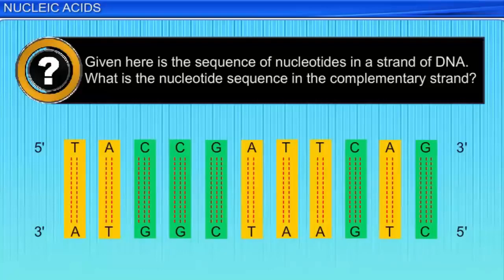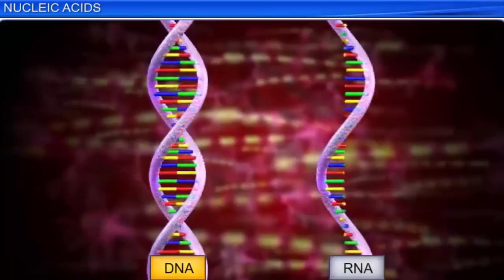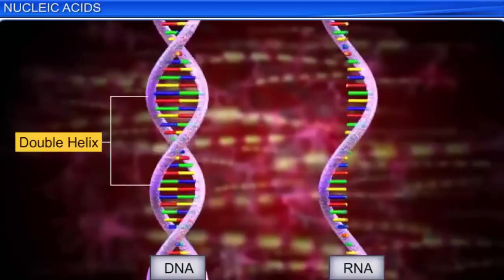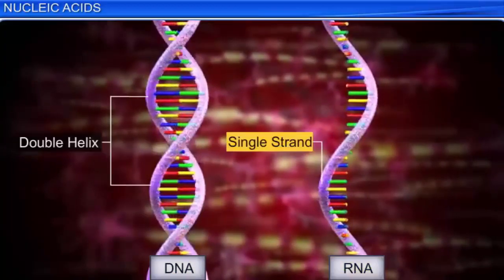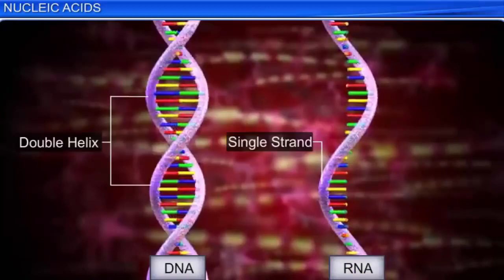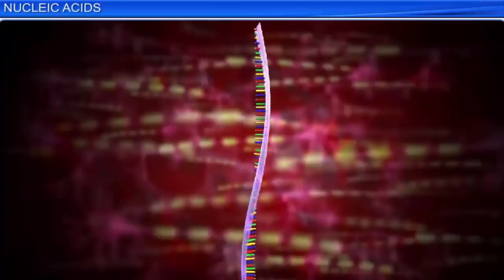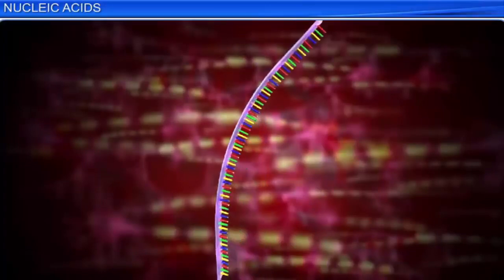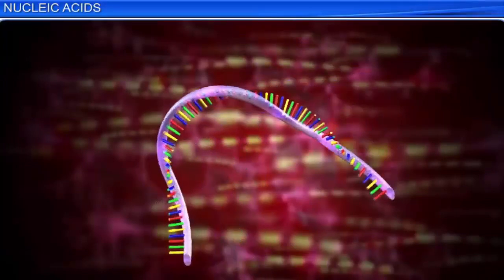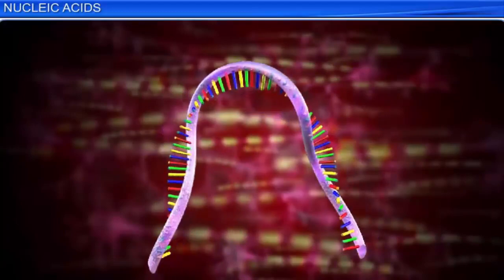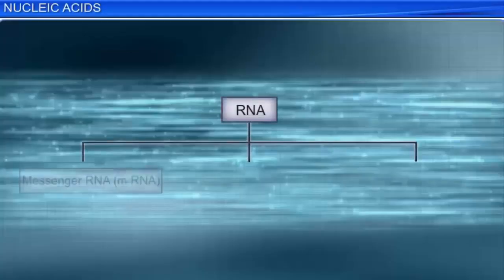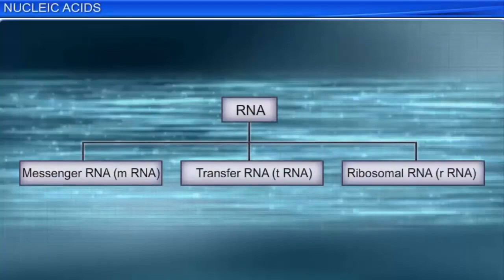While DNA is found as a double helix, RNA is single-stranded. The strand may fold back on itself to form helical motifs, such as stem loops or hairpin structures. There are 3 important types of RNA in living systems.